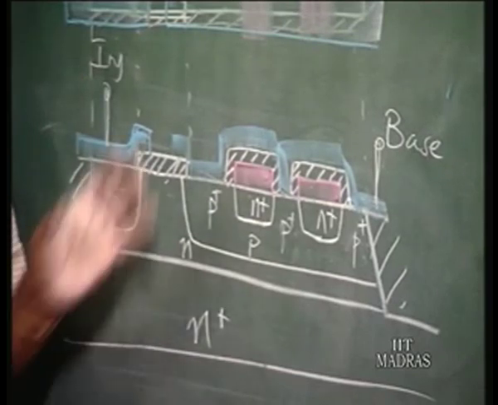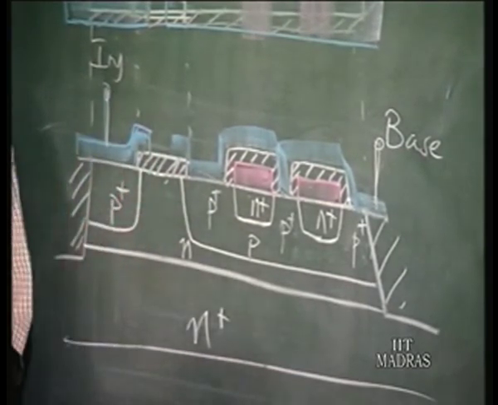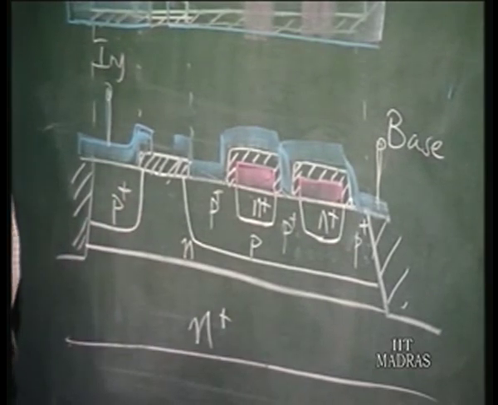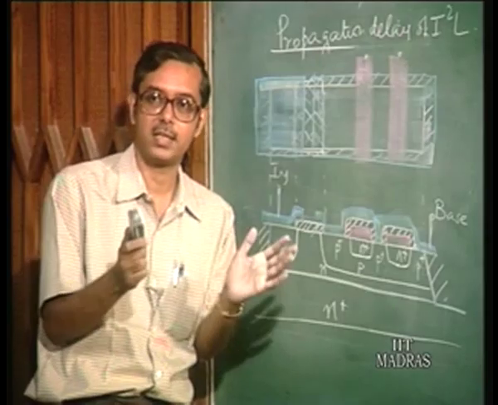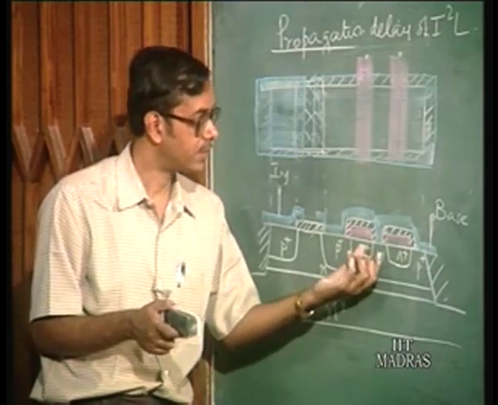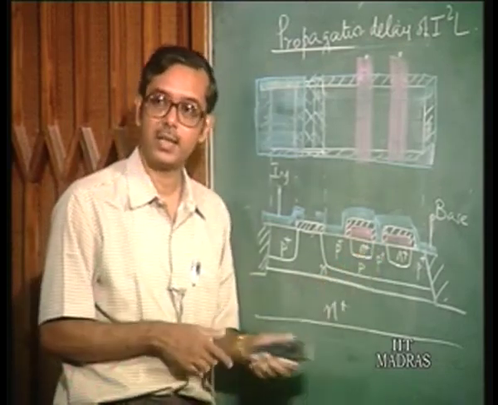And for that reason, when you have to do an alignment, you always have to maintain a tolerance, so that increases the area. But here, because it is self-aligned, the area requirement is much less.